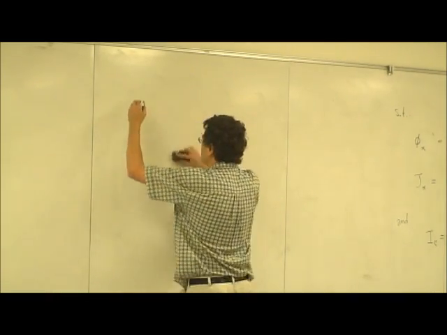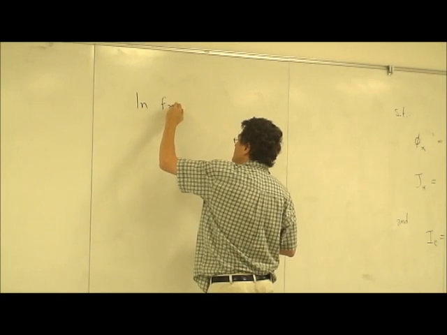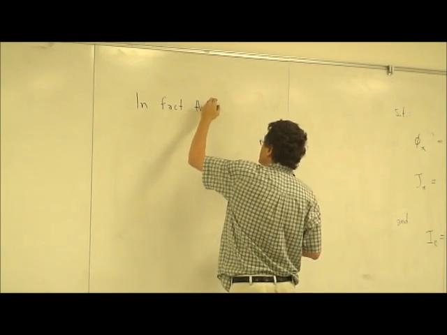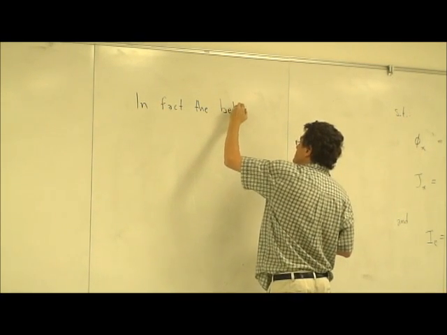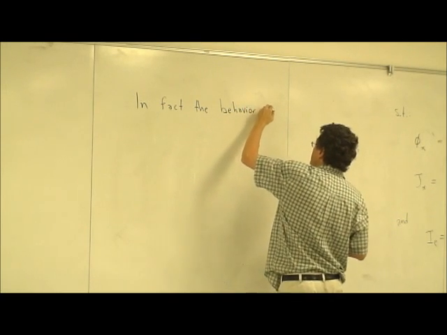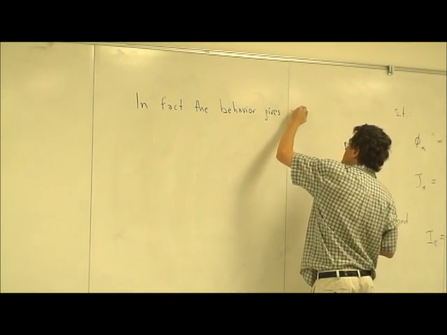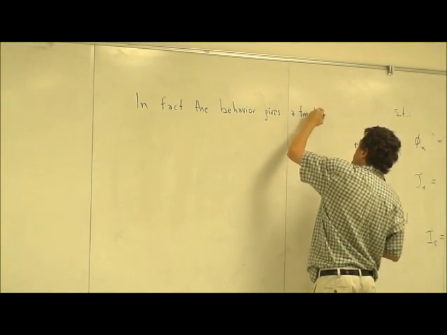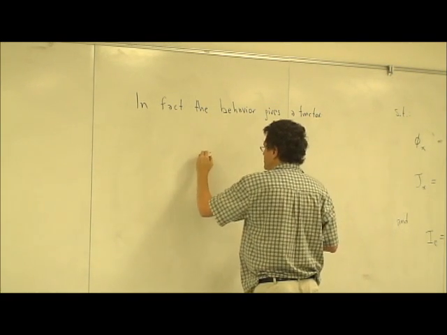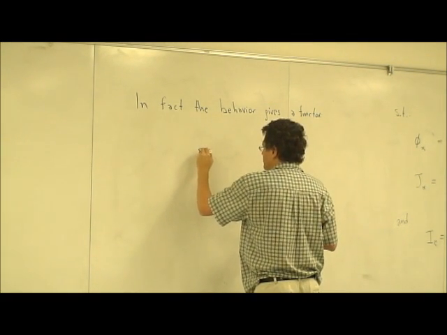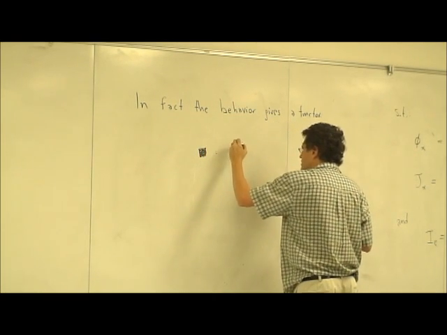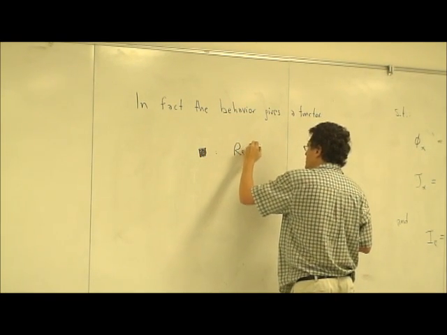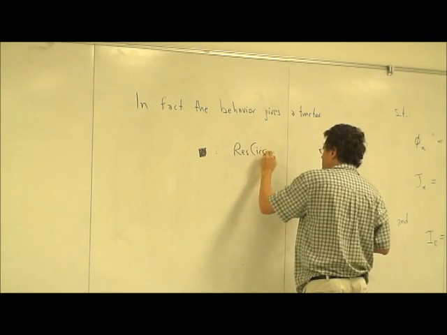In fact, this is the punchline. The behavior gives a functor. I'm not going to prove it's a functor, and I'm not even going to completely define it today, probably, but I'm just going to attempt to get the idea across of what it is.